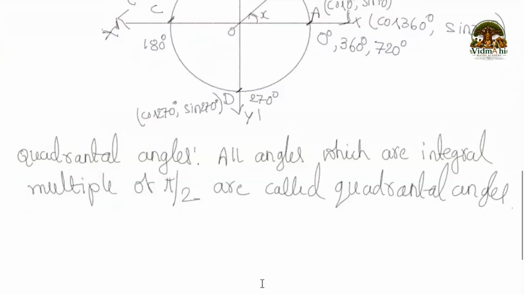That means 0 degree, 90 degree, 180 degree, 270 degree, 360 degree and 720 degree, and so on, these are all called quadrantal angles.